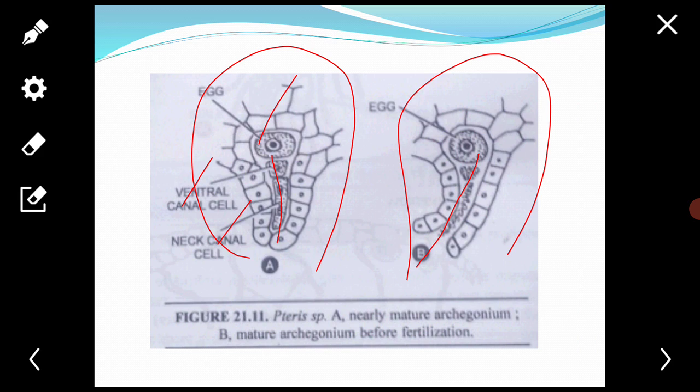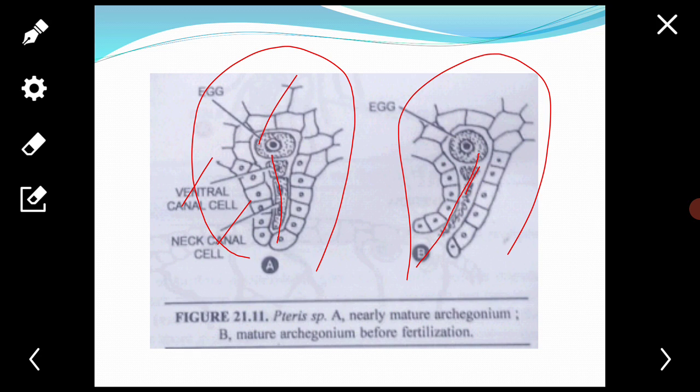The mature archegonium secretes mucilage that contains some chemical substances, that is malic acid. The anthrozoids are chemotactically attracted toward the open mouth of the archegonia. They reach the archegonial mouth and enter into the neck canal.